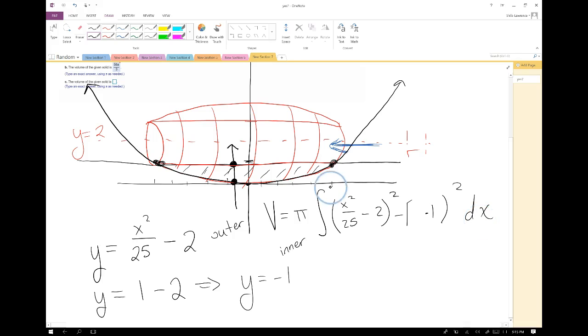For the bounds, we want to know where those 2 graphs meet horizontally. Because all of our functions are written in terms of x and we're integrating with respect to x, these bounds should be x values. These 2 graphs intersect at negative 5 and positive 5.